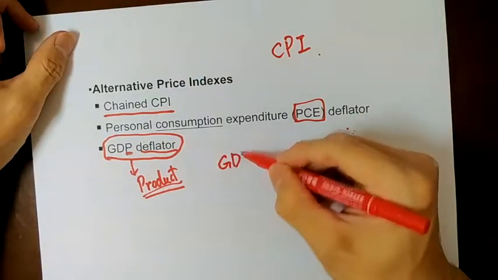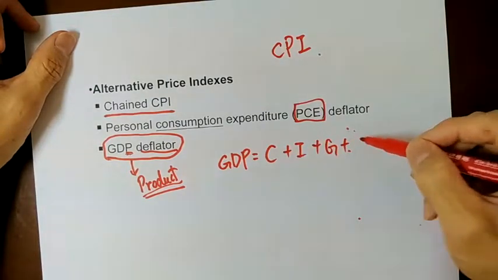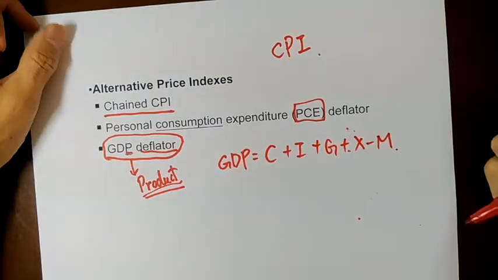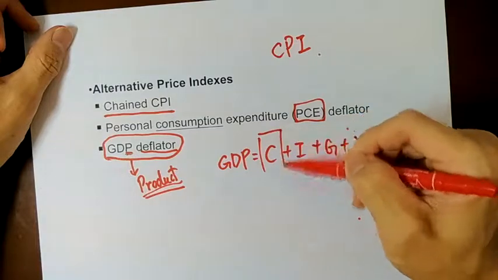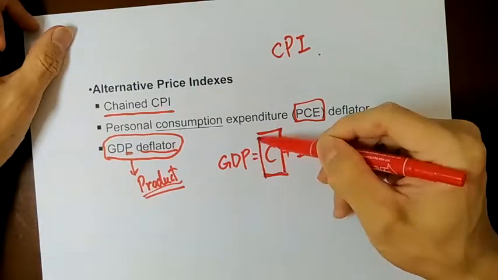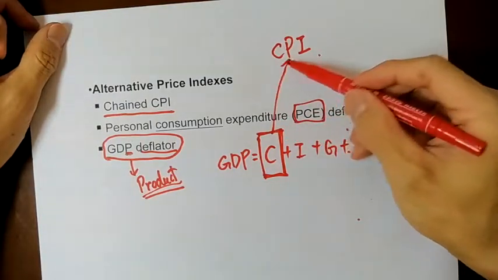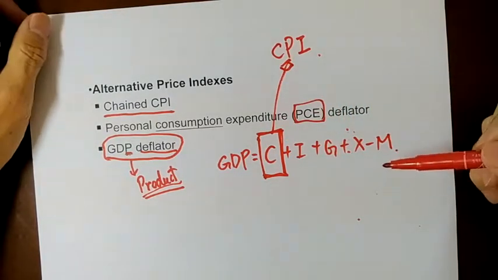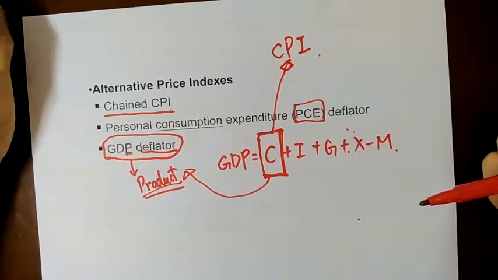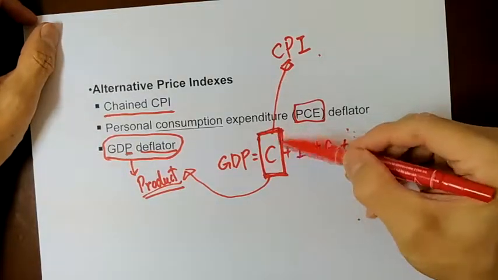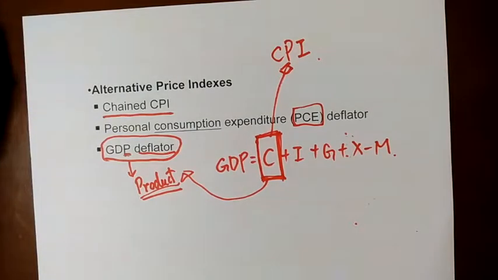Remember, GDP is C plus I plus G plus X minus M, right? So PCE is the price level of this part, consumption. So it's broader than the consumer price index, but it is narrower than the GDP deflator because it is just part of the GDP. That's the end of chapter 5, part 1.